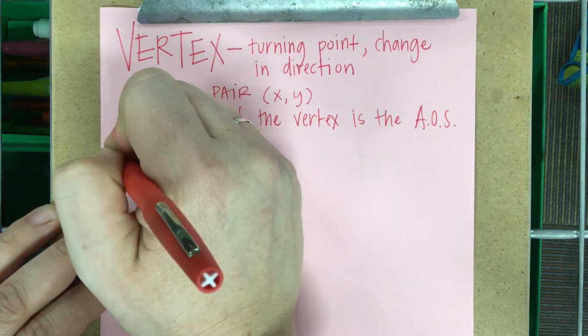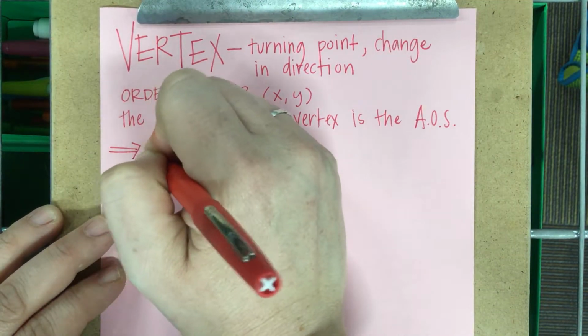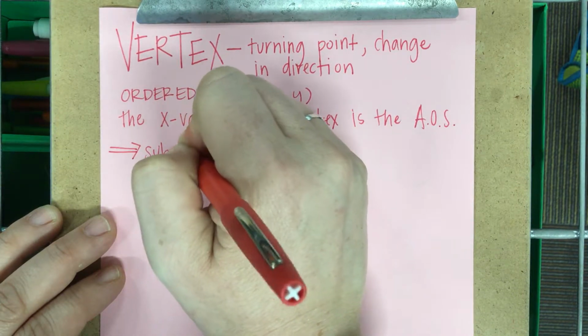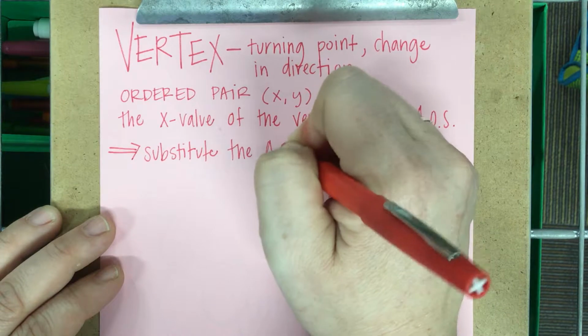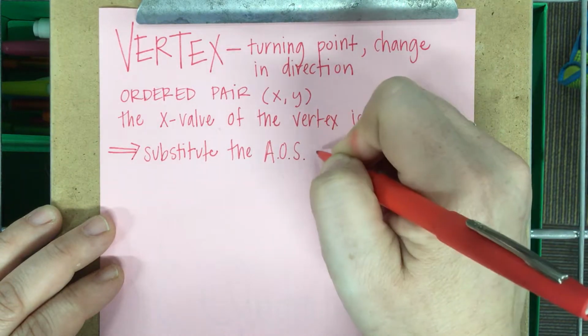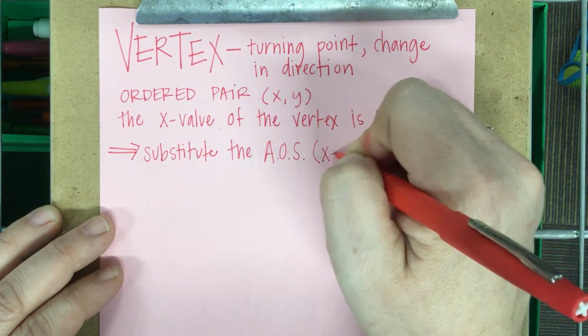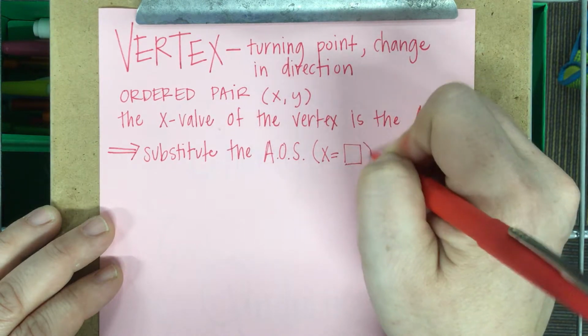So, what you need to do is substitute the axis of symmetry, which remember is an x equals something, right?